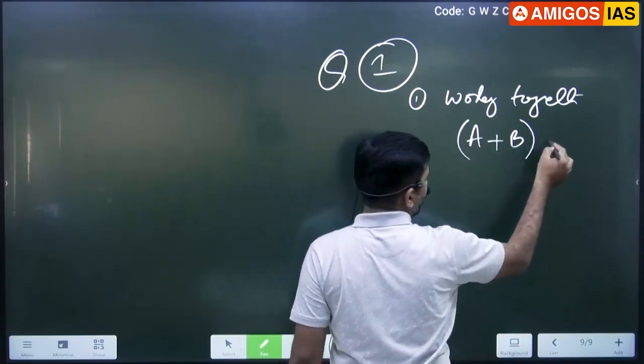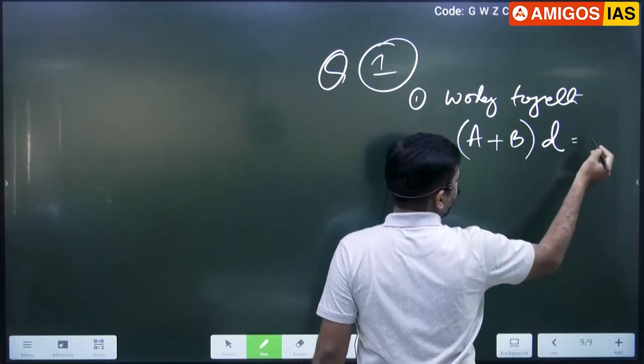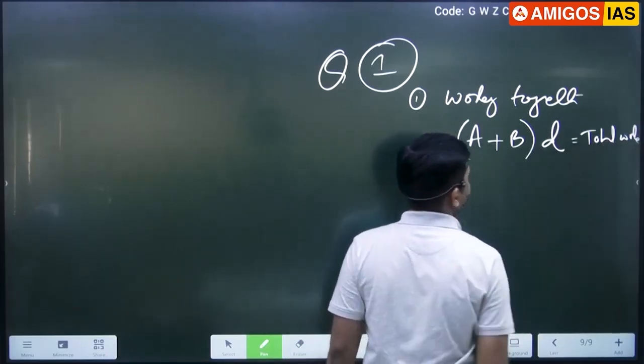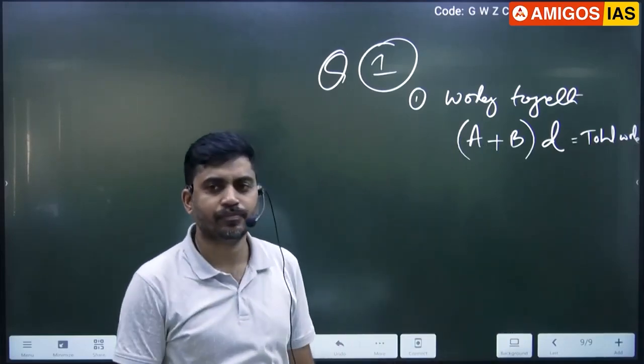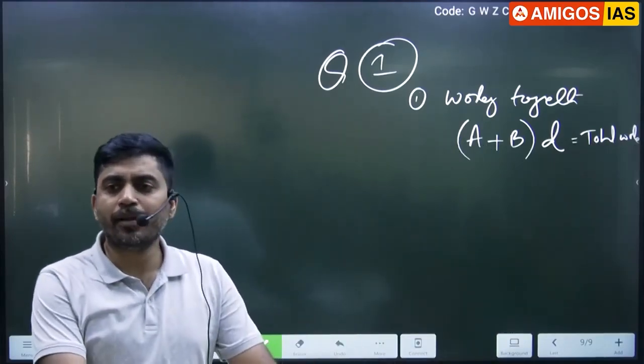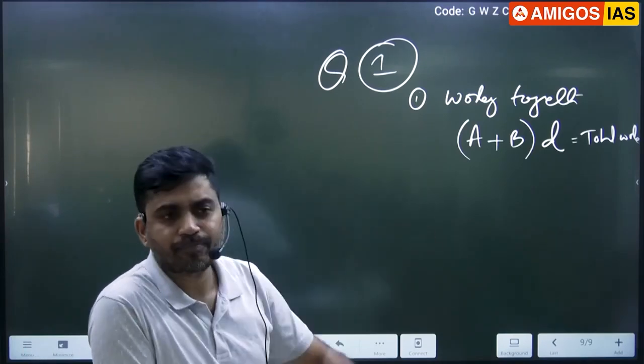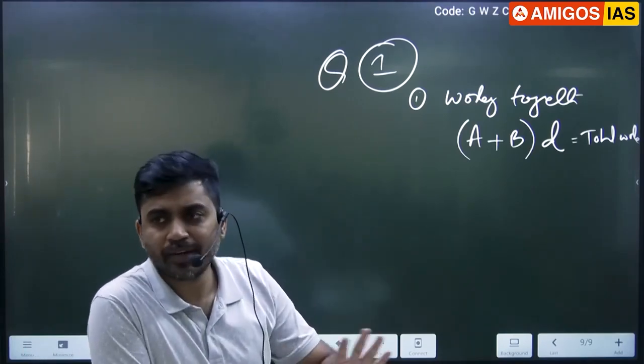For how many days we don't know. So D days is equal to total work. A and B are working for D number of days, say. Total work is done.